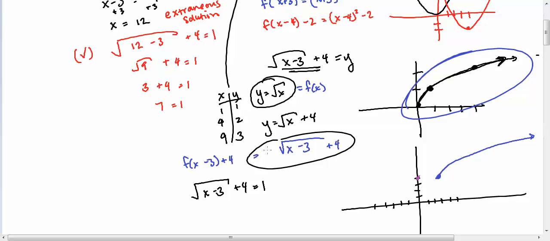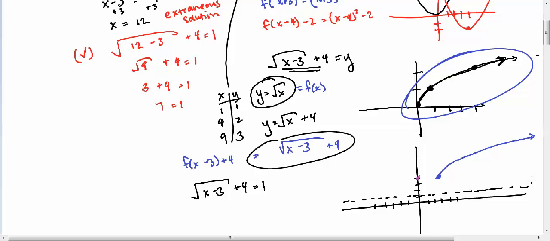What the math is trying to tell you is, when does this blue graph ever touch this black dotted line? And the answer is, it doesn't. It does not touch that black dotted line.